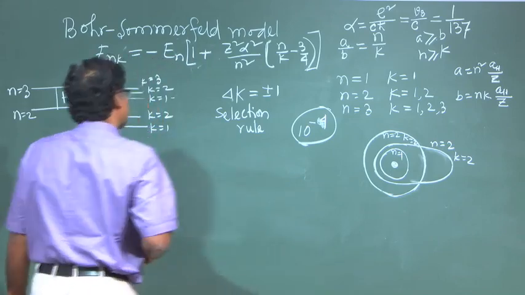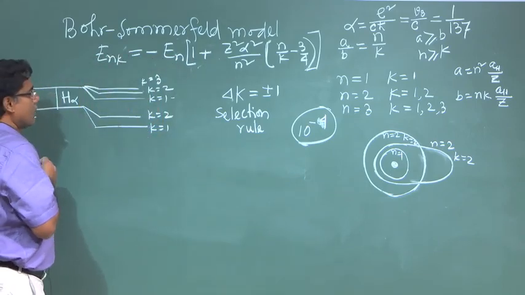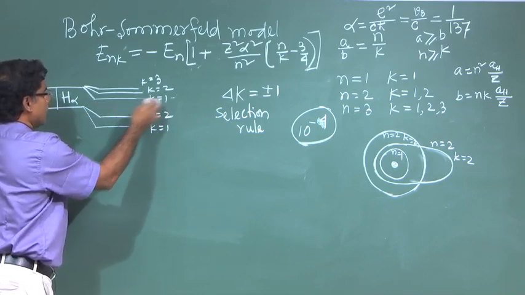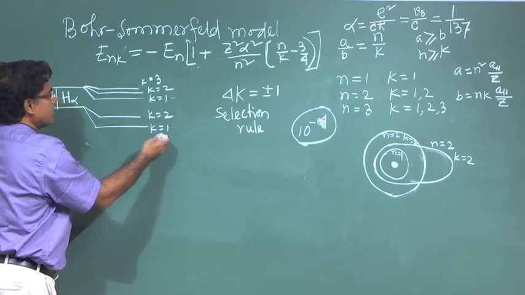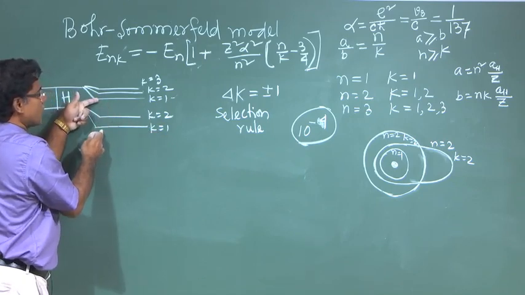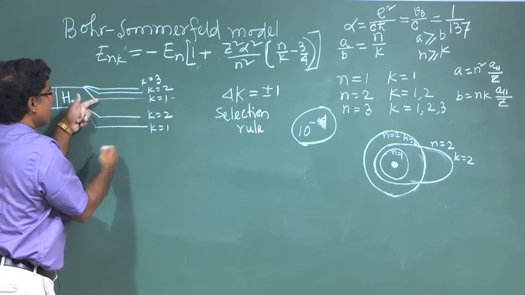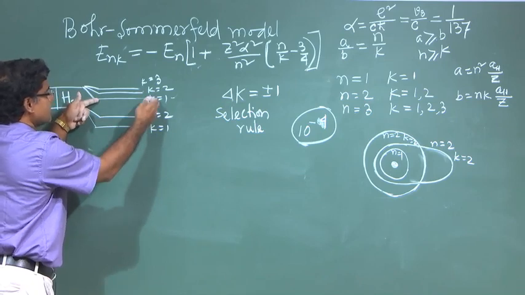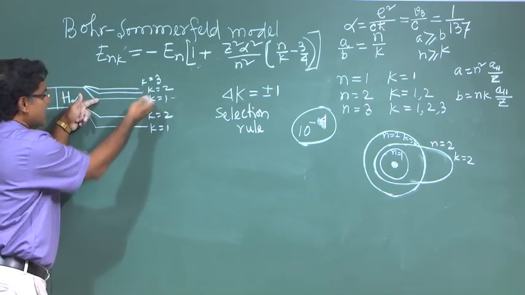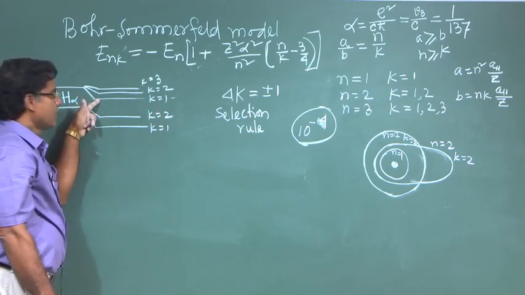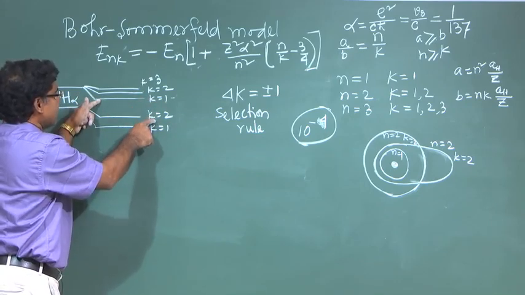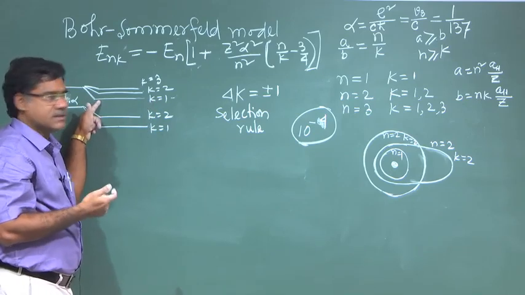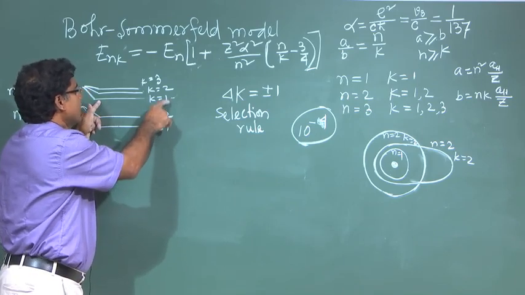So, if I consider these rules and start from k equal to 1 here and k equal to 1 there, this transition is not possible because delta k equal to 0 is not allowed. But k equal to 1 to k equal to 2 is possible, because, taking final minus initial, it is 2 minus 1, plus 1.